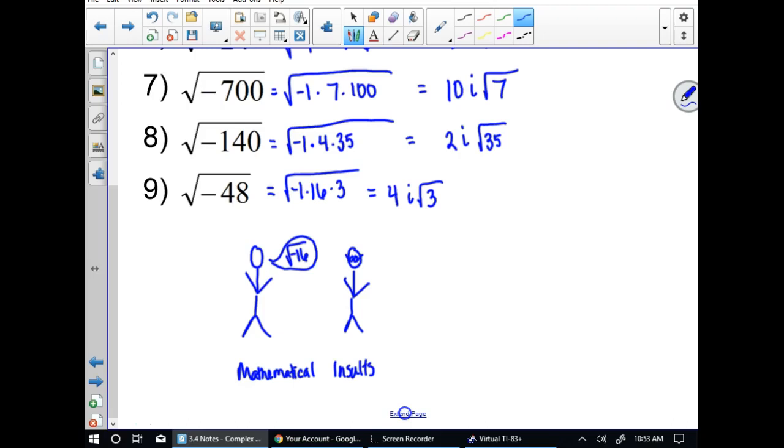What's he calling him? 4i. Square root of 16 is 4. The negative is an i. So he's calling him 4 i's because he's got on glasses. So, get you in on some good math jokes if you know what square root of -1 is. Yeah. So, please do not pick on Abril or Hugh or me. Anybody else.